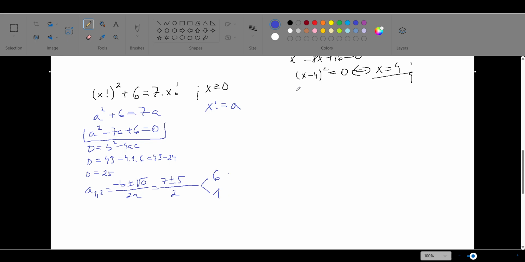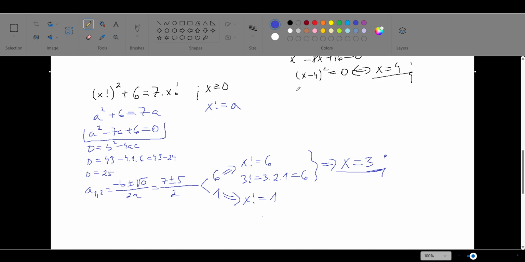So now we do the resubstitution, which means that from this one x factorial should be equal to 6, and there is only one number, and this number is 3 factorial, because this is 3 times 2 times 1, which is definitely equal to 6. So from this it means x is equal to 3, and from this possibility x factorial should be equal to 1.